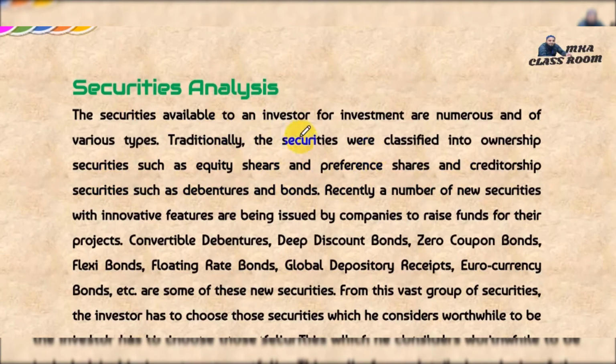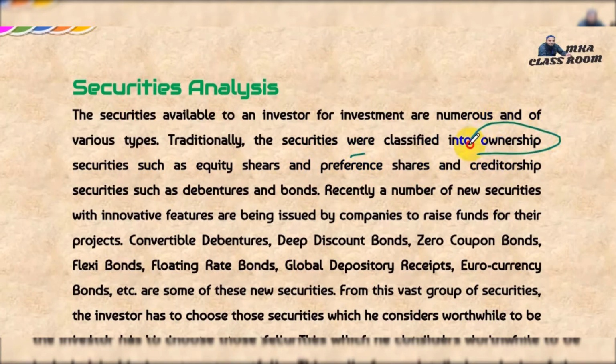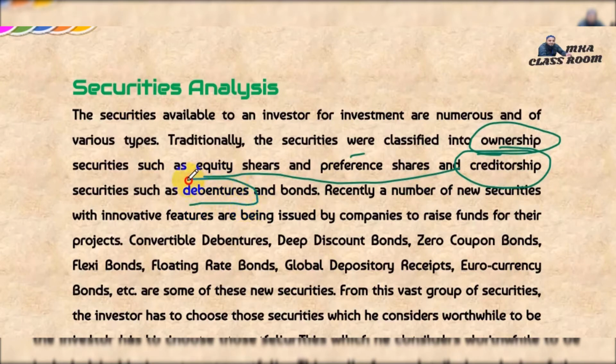So traditionally securities were classified into 2: ownership basis, equity shares and preference shares, and creditorship basis, debentures and bonds.